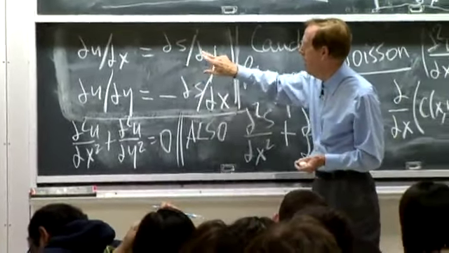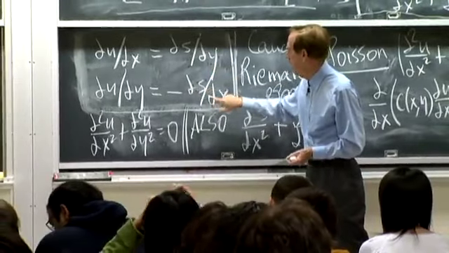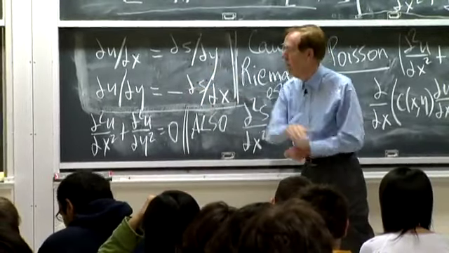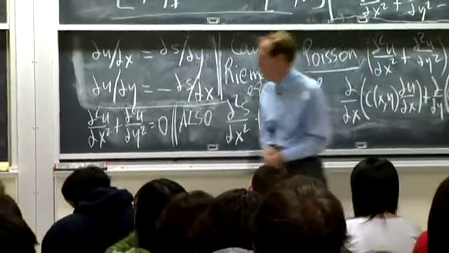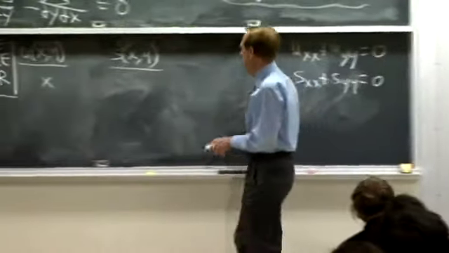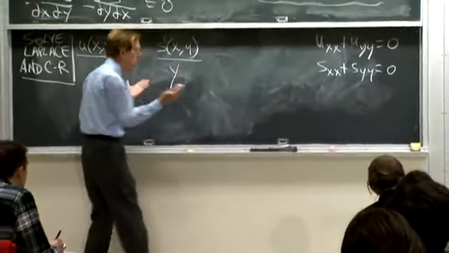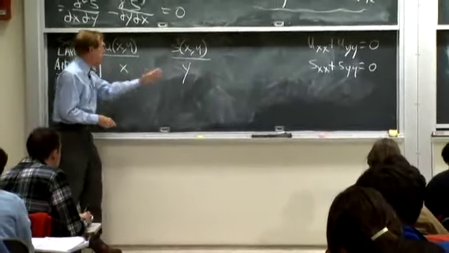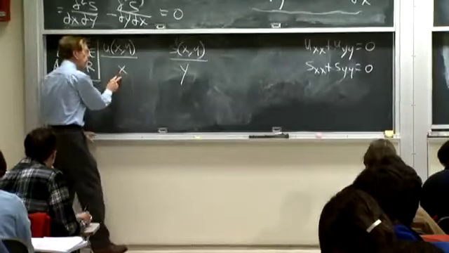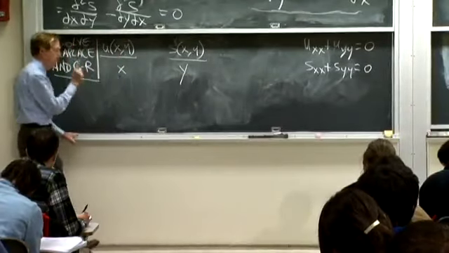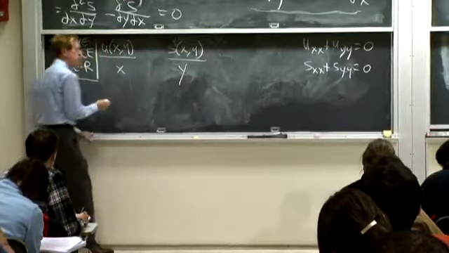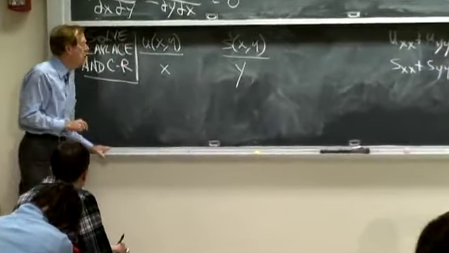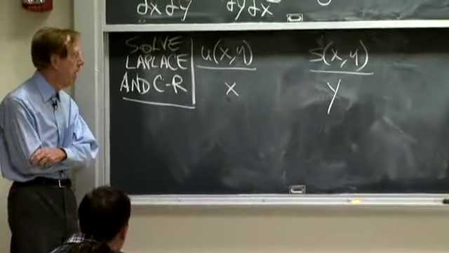Then ds dy is supposed to be 1, and ds dx is supposed to be 0, I guess. Do you see what s is? s is y. Of course, that solves Laplace's equation too, and it solves Cauchy-Riemann. The x derivative of this is the y derivative of that, 1 equals 1, and the y derivative of that is minus the x derivative of that, 0 equals 0. Okay, so that's an easy one.